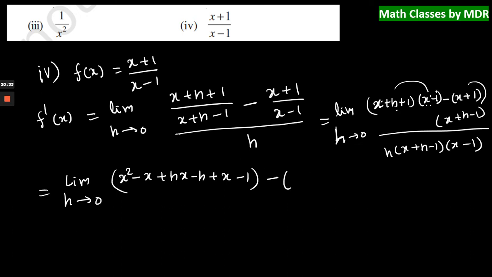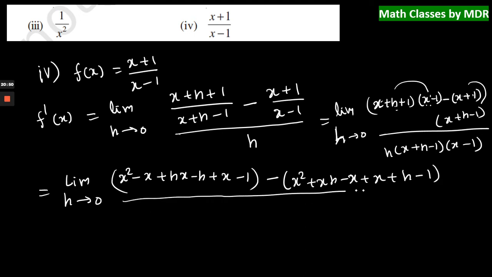So now x into x is x square, plus x into h is xh, minus x, plus 1 into x is plus x, plus 1 into h is plus h, plus 1 into minus 1 is minus 1. So the whole divided by h into (x plus h minus 1) into (x minus 1).